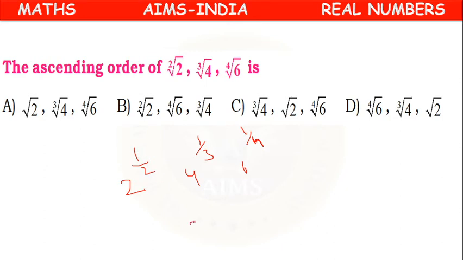To make them into 12, we multiply with 6: 2 power 6 by 12. Here we multiply with 4: 4 power 4 by 12. Here we multiply with 3: 6 power 3 by 12.